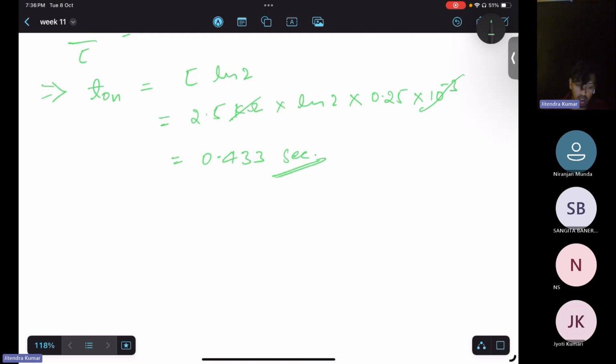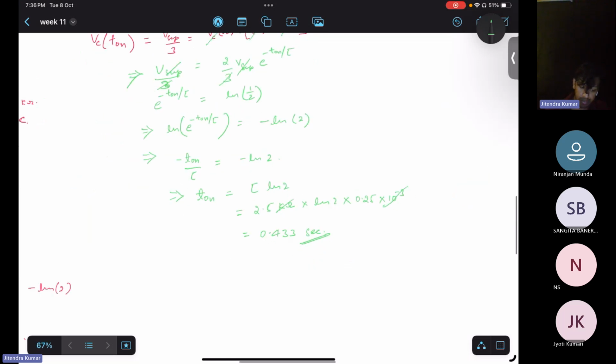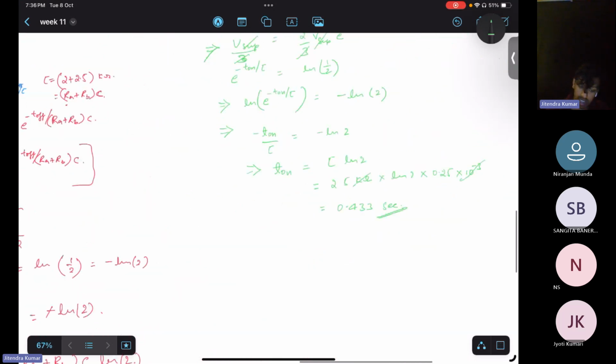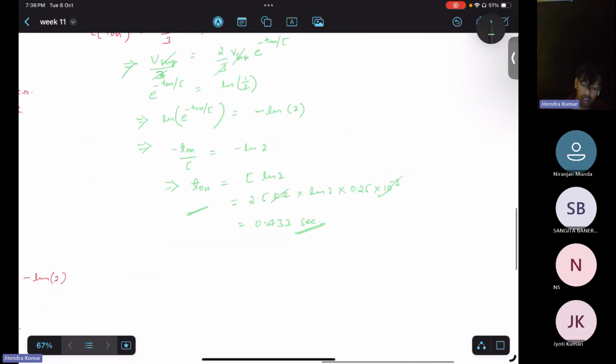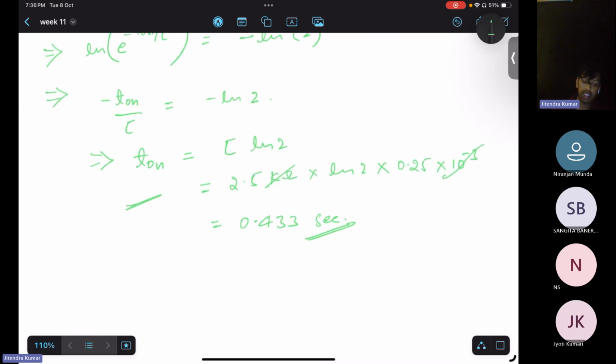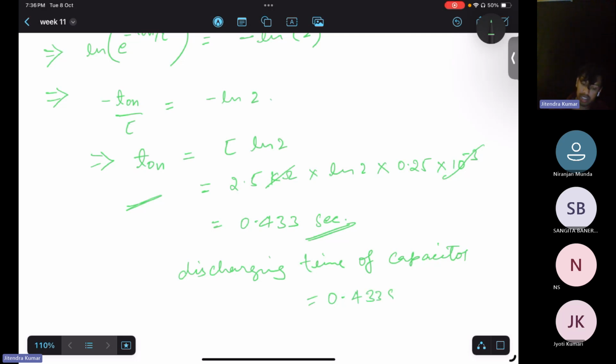So T on is higher? When discharging, it is discharging faster, isn't it? Do not get confused. T on means when our output is high. So discharging time of capacitor is equal to 0.433 seconds.